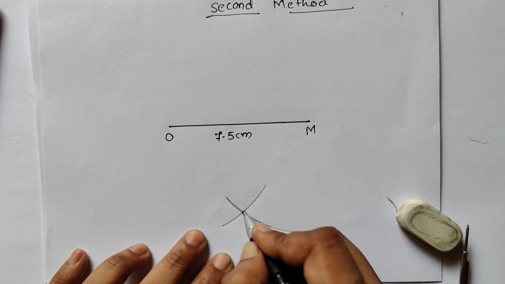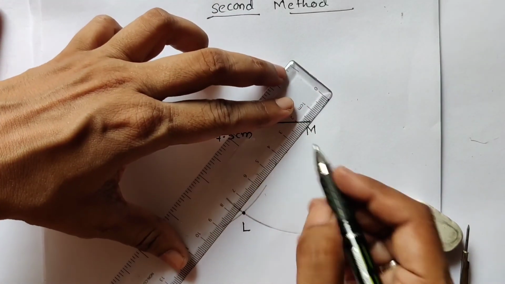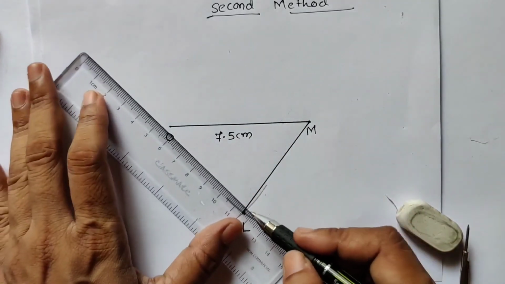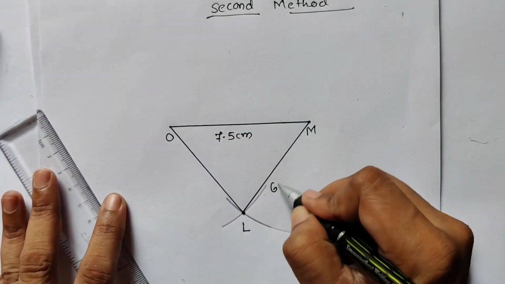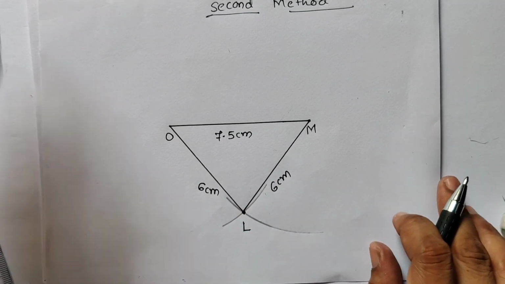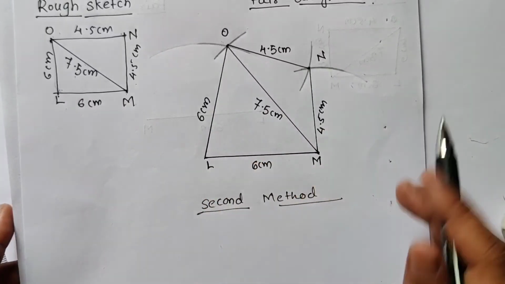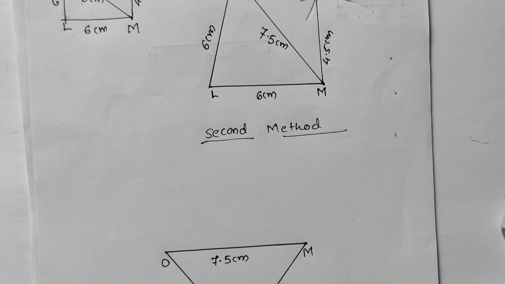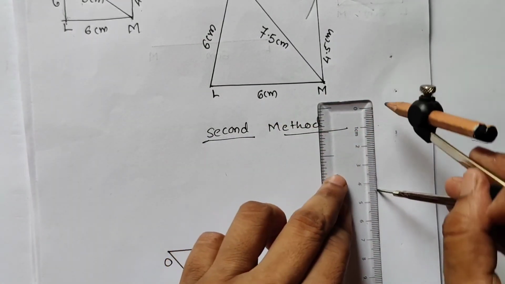This is 6 centimeter distance, point L. So from M also it is 6 centimeter and from O also it is 6 centimeter. So this is 6 centimeter. Okay. Now next point we have to fix the position of point N, which is 4.5 from O also and from M also. So I will be taking the distance of 4.5. Let us take 4.5 centimeter distance.